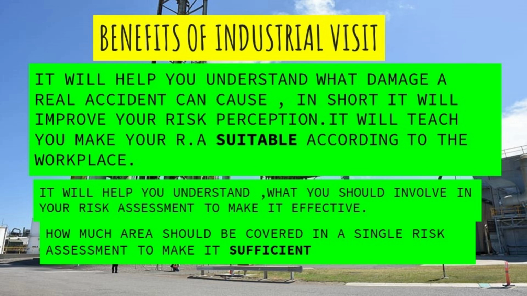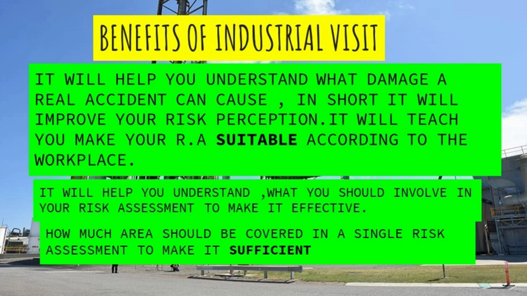When you look at industries, hazards, and the risk potentials that you find over there, you will be able to identify the hazard, and you will make sure that you are focusing on that particular workplace and not only on your own imagination or prediction.